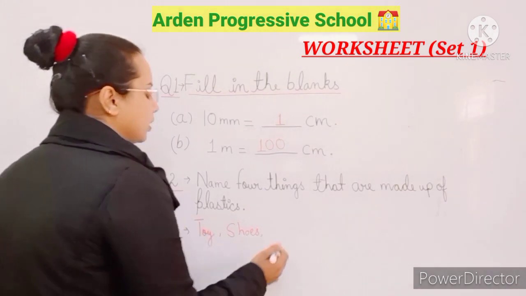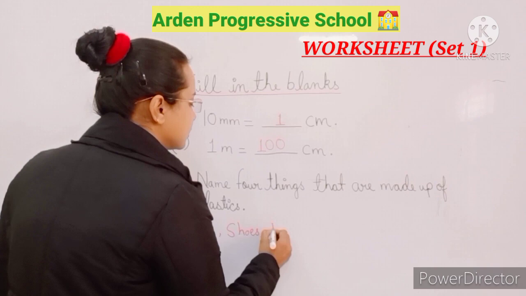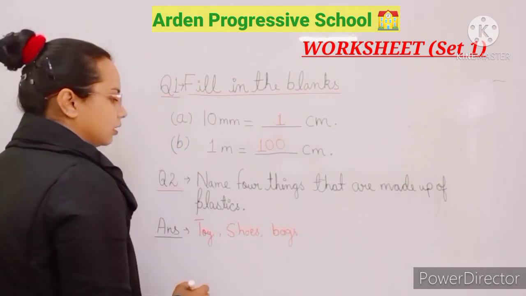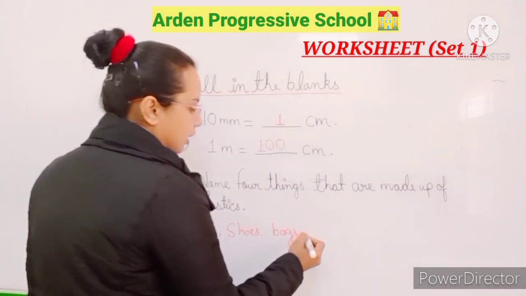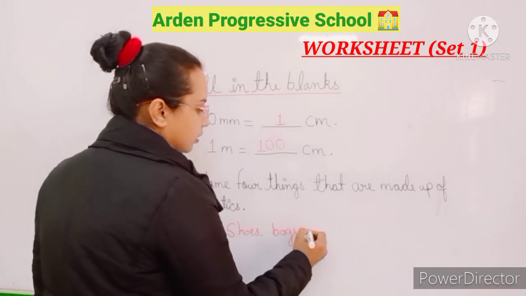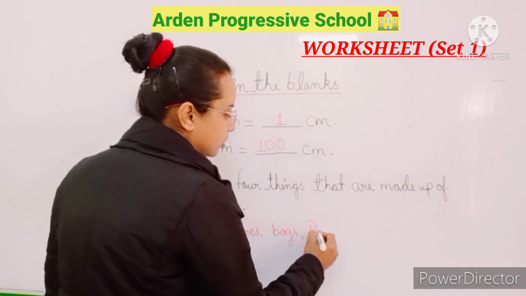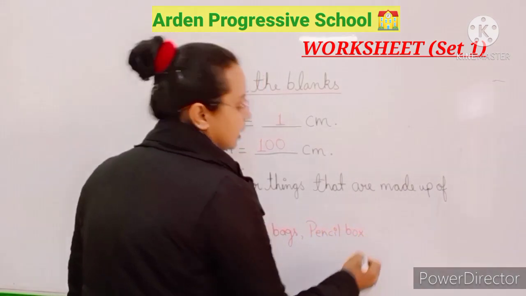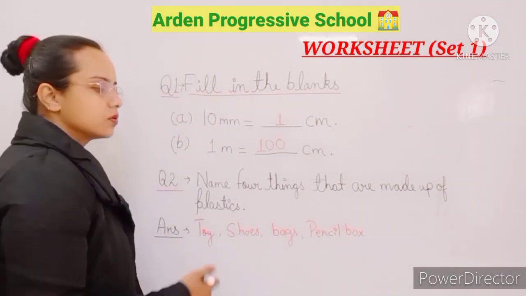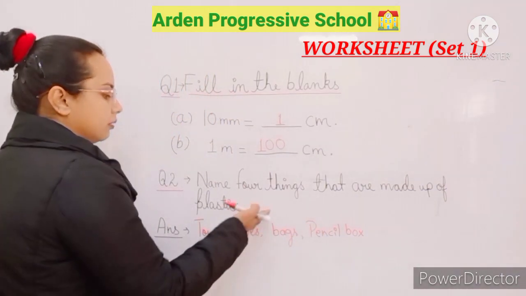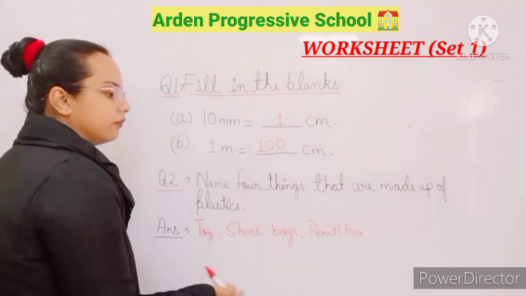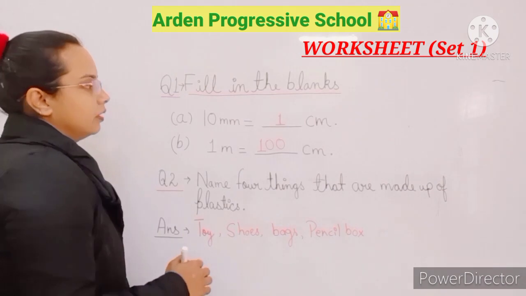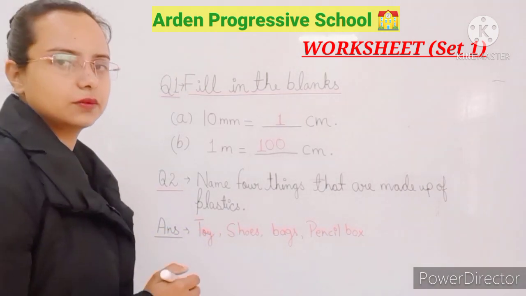Plastic bags are also made up of plastics, and we can also take the pencil box. Scale is also there. So many things are made up of plastic. In this question you have to write any 4 things of your choice. Now let's move to the next question.